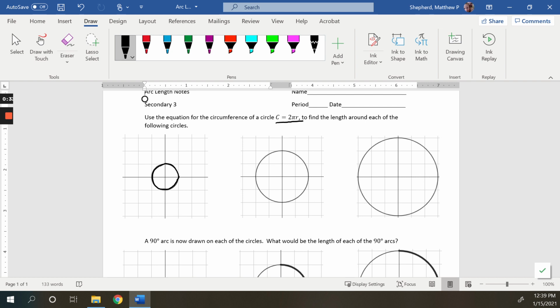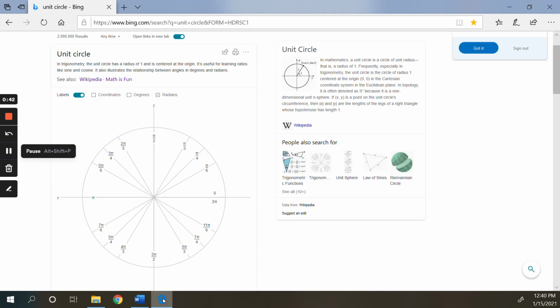Okay? Now, radians are the distance around the unit circle. So, for example, if we were to look at this circle right here, the length to go from the beginning to there of this line around the circle is pi thirds units long.